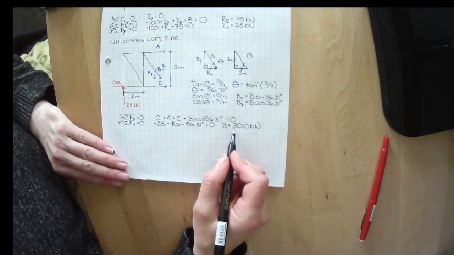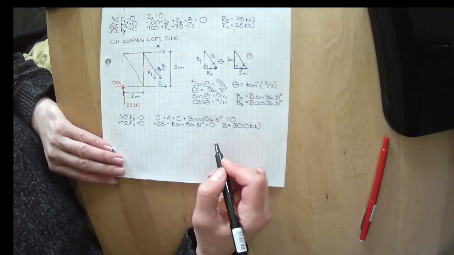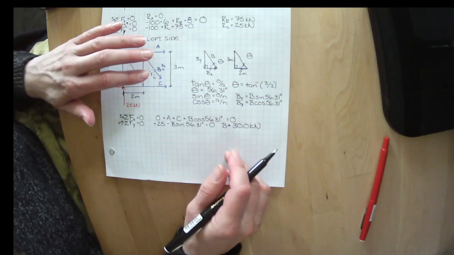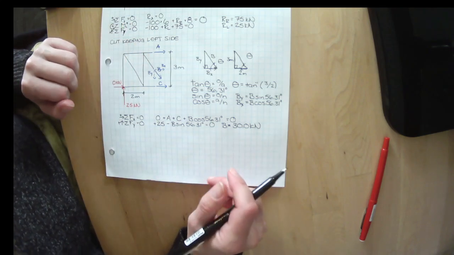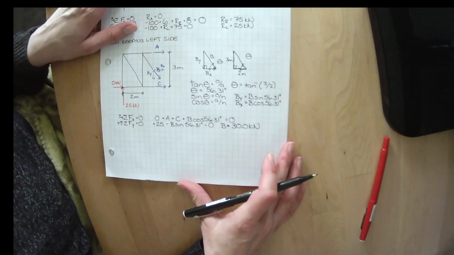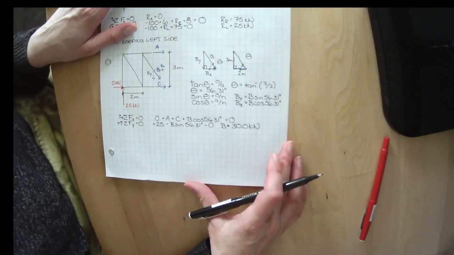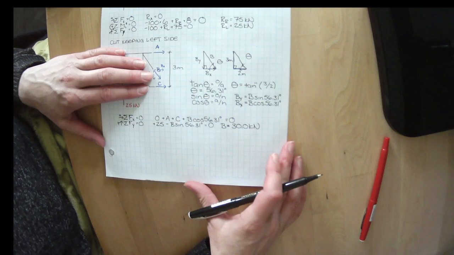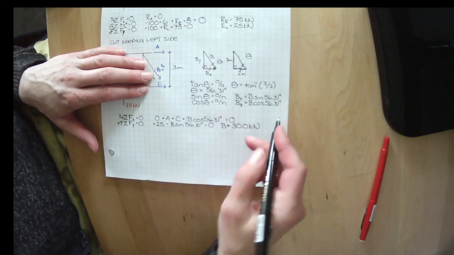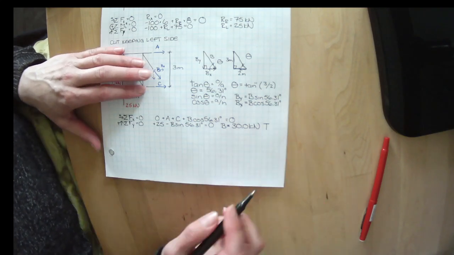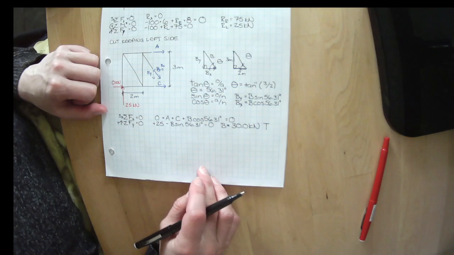So my answer here is a positive answer. I guessed that B was in tension, just because it's easy to draw everything as if it was in tension when we don't know what it is. My answer is positive. So that looks like I was indeed in tension.